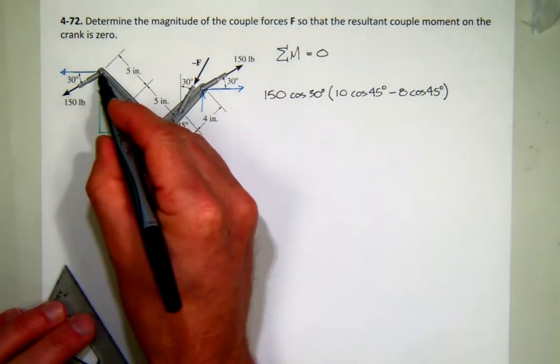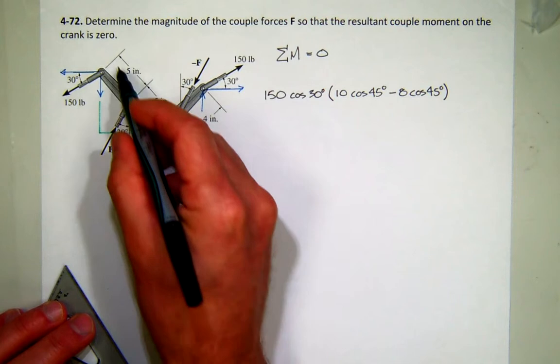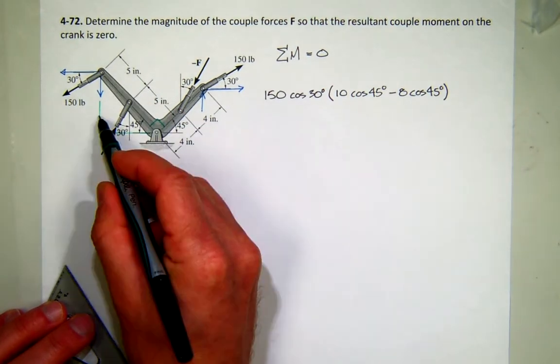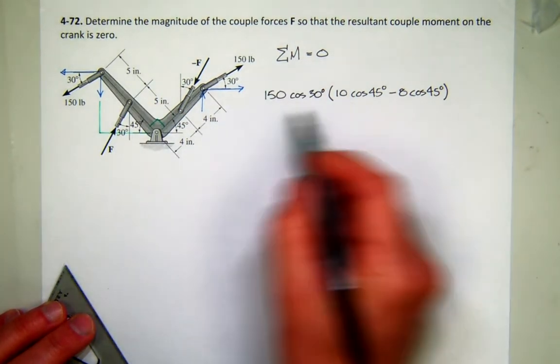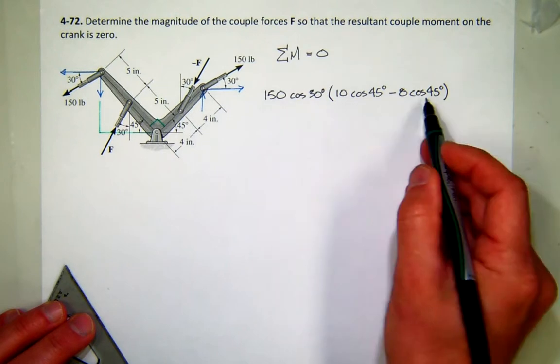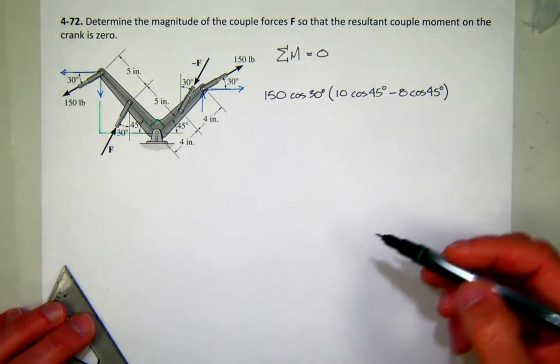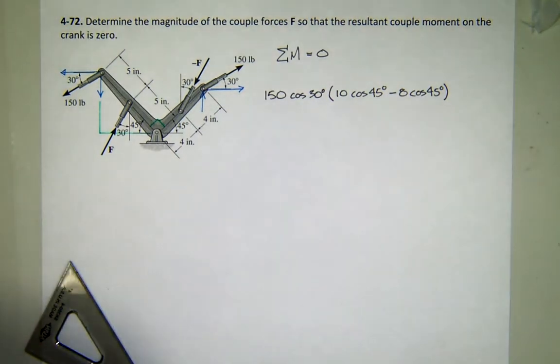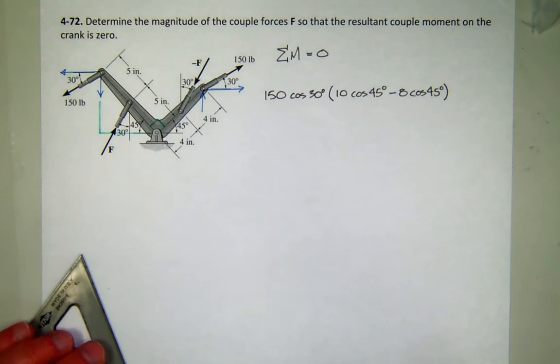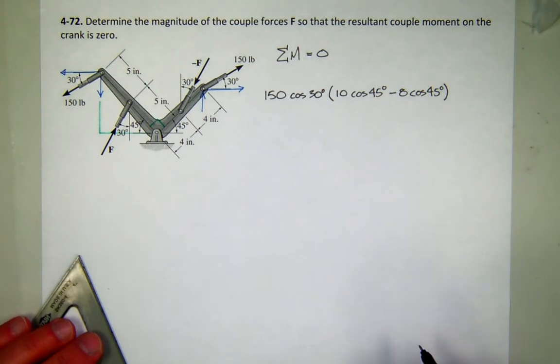So I know that this height above this edge is 10 sine 45, and on this side it would be 8 sine 45. So the difference should be the vertical. If you see it a different way and you get the same answer, I think that's important.